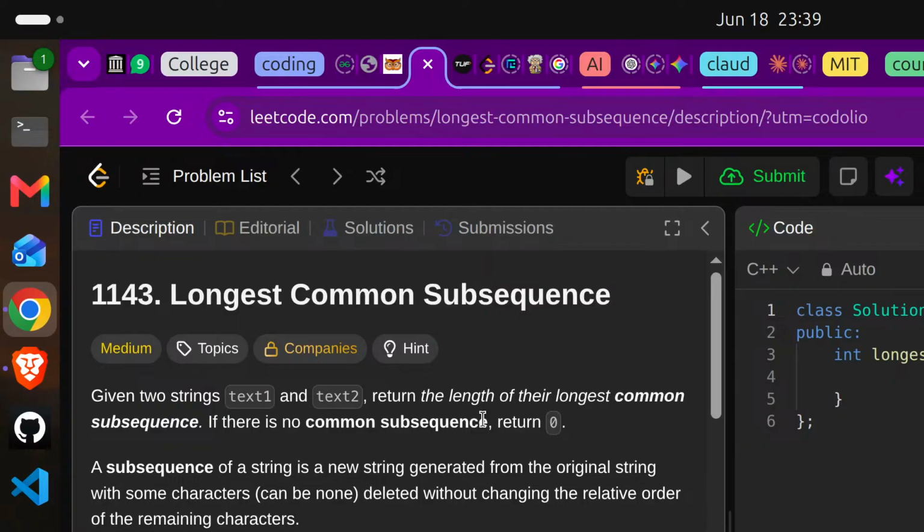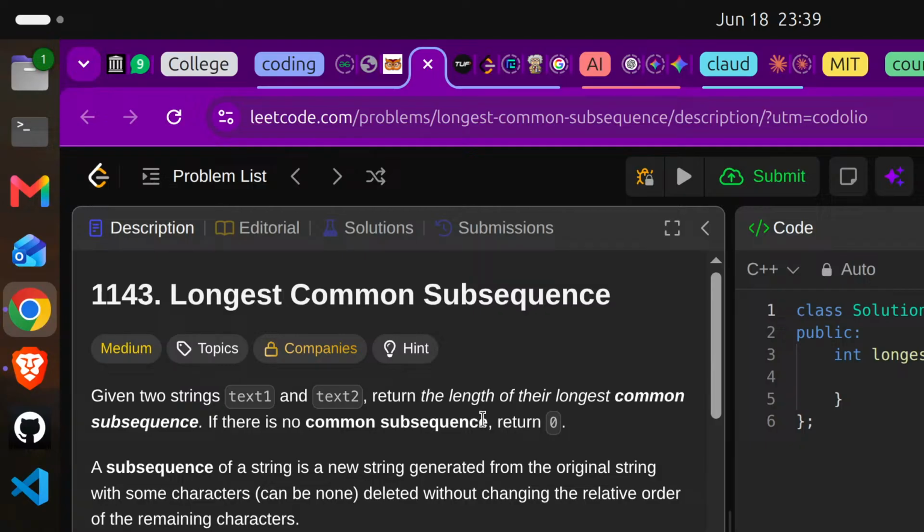So edit, not view, best fit. Alright guys, okay. So this is the example.